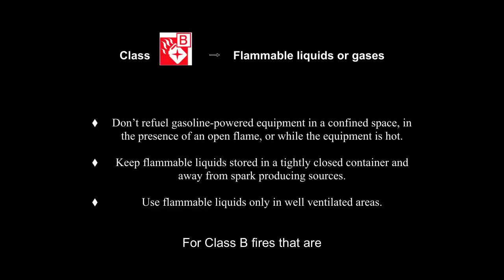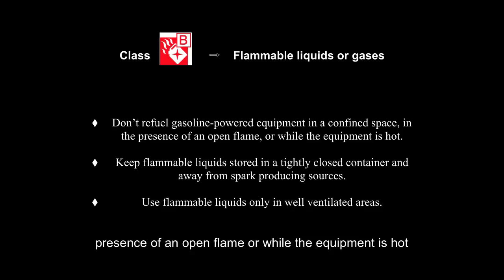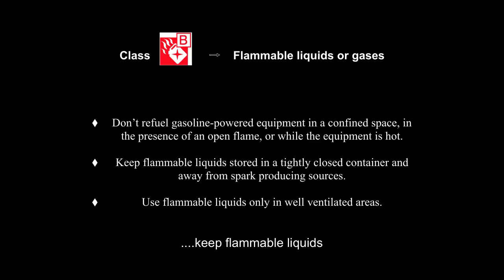For Class B fires that are flammable liquids or gases, one should not refuel gasoline-powered equipment in a confined space, in the presence of an open flame or while the equipment is hot. Keep flammable liquids stored in a tightly closed container and away from spark-producing sources. Use flammable liquids only in well-ventilated areas.